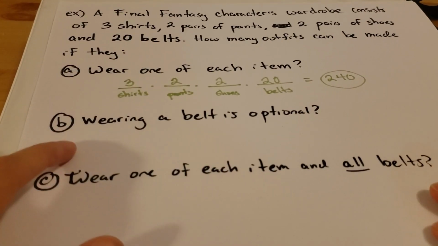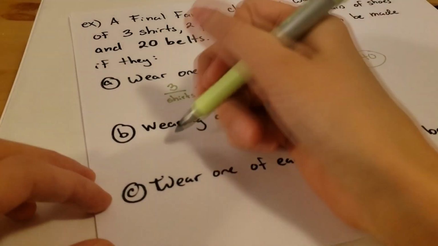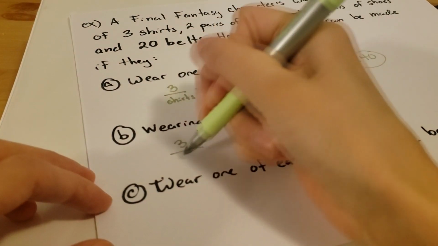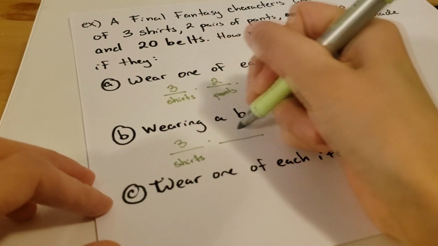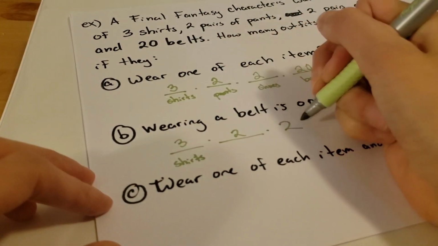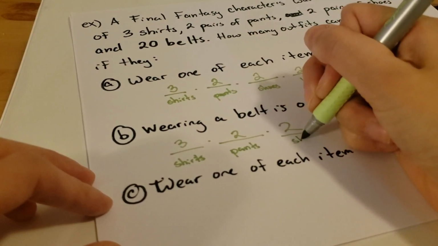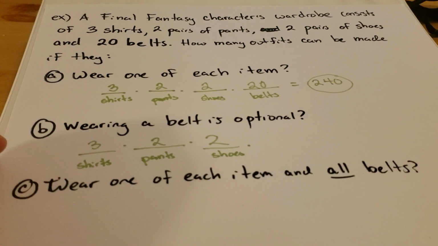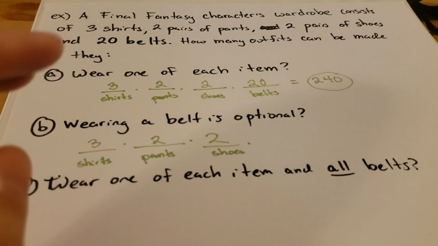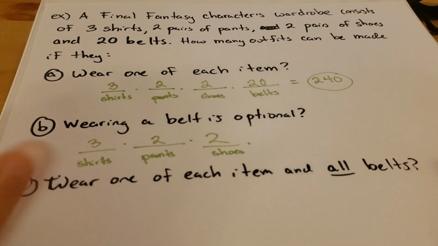Okay. Now in part B, we're told wearing a belt is optional. So the first part of the problem is going to start out the same, right? We still have 3 choices for shirts. We still have 2 choices for pants and 2 choices for shoes. But now we need to think about how many choices we have for belts. So we have 20 belts that we can choose from, but now we have an additional option of not wearing any of them.